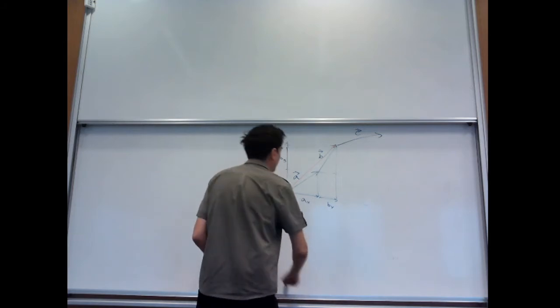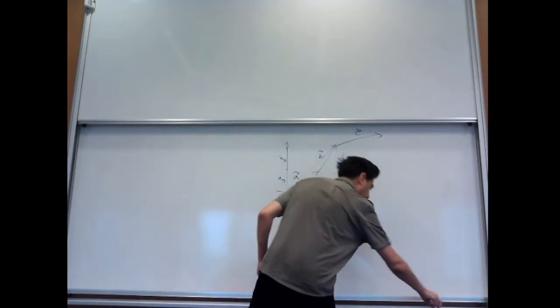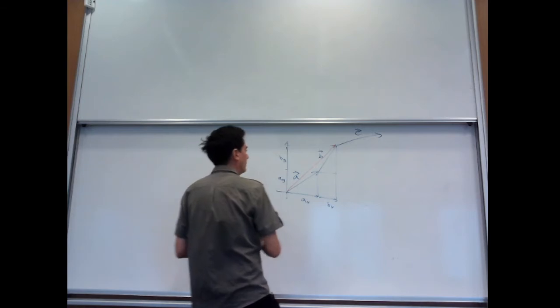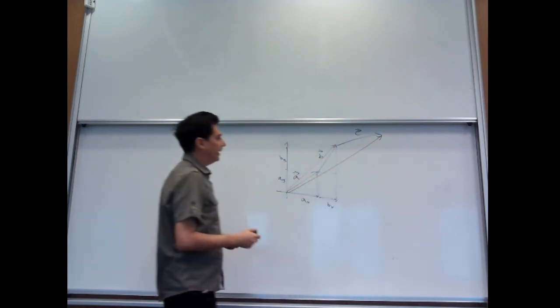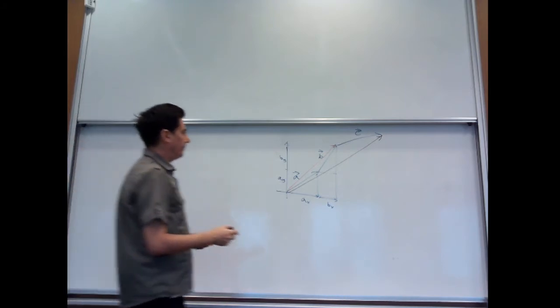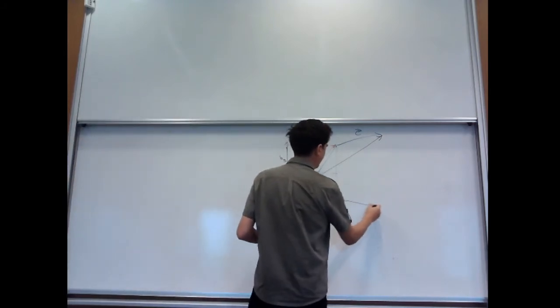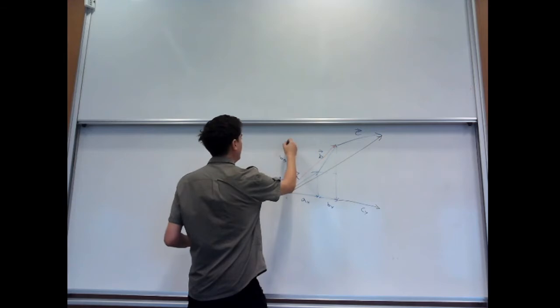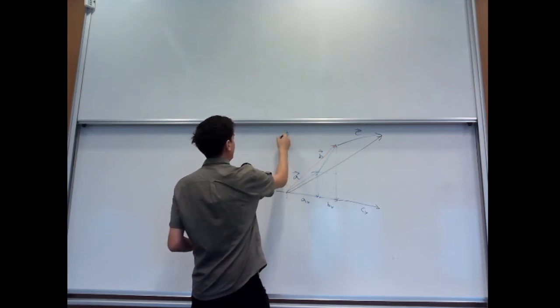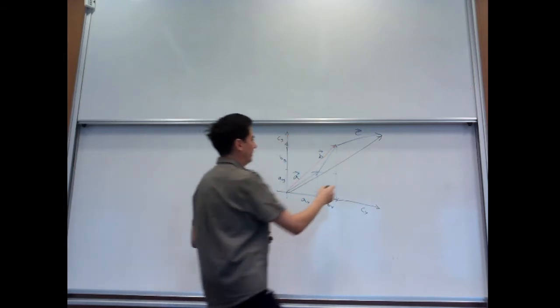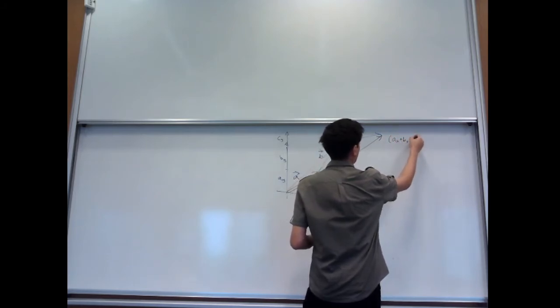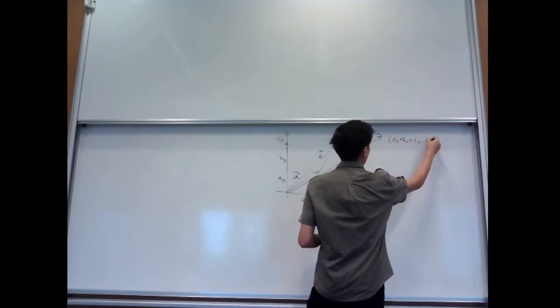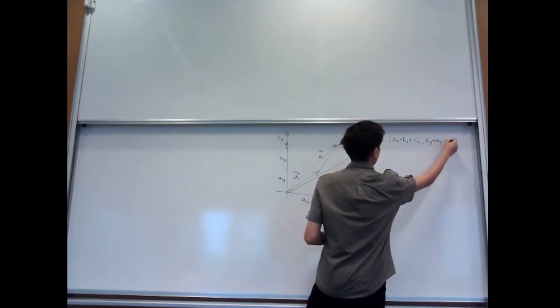So our resulting vector here is going to be the black one there. The final vector is going to have components of ax plus bx plus cx, and then ay plus by plus cy.